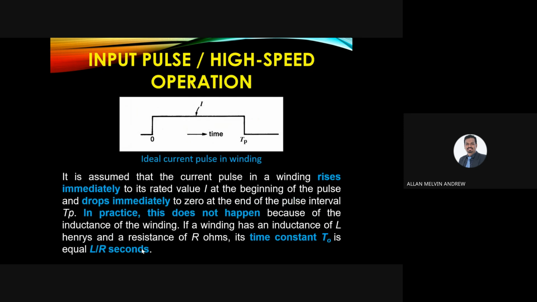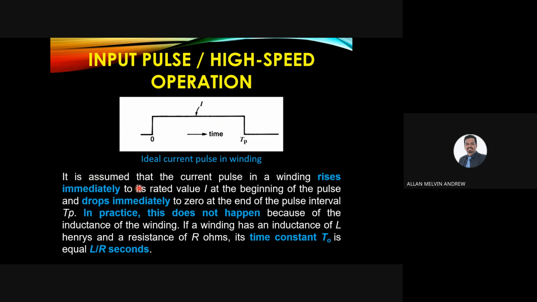Okay, so input pulse and high speed operation. In our daily operation, one thing that we need to consider is the high speed operation, especially now that we have high speed processors, which can determine a lot of things in fast motion. So we need to have high speed operation.